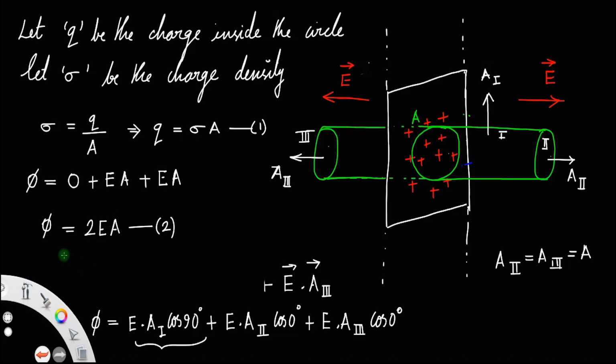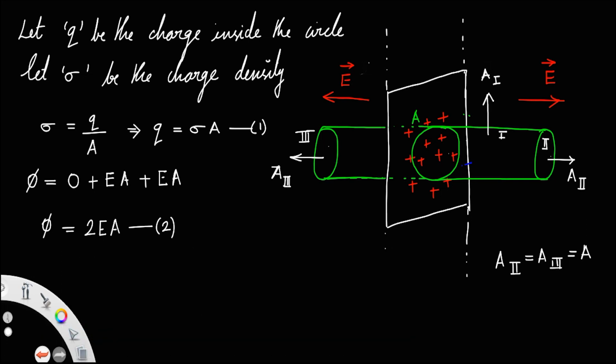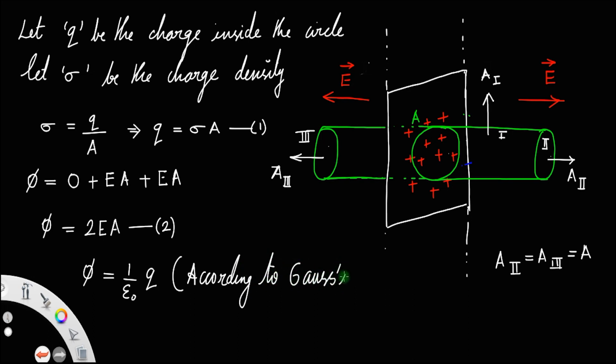Now you can apply Gauss's law. According to Gauss's law, we have phi is equal to 1 by epsilon 0 q. Let's call that equation number 3.